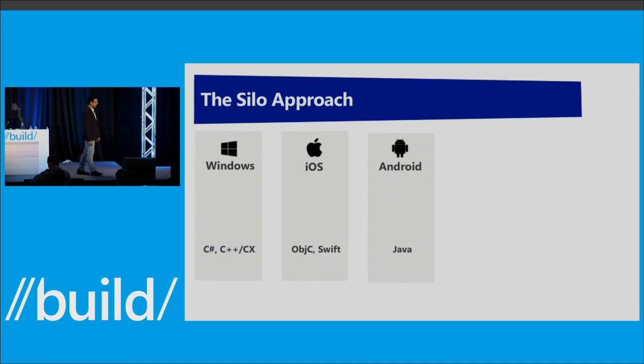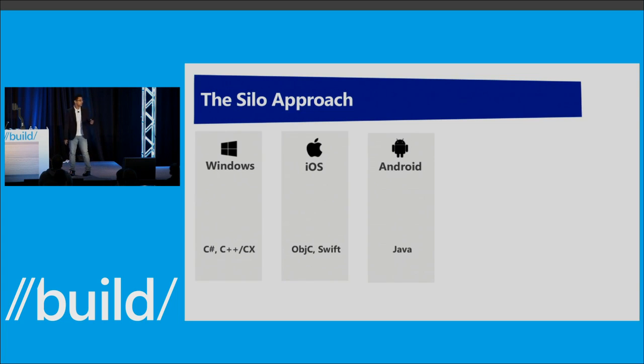If you want to design your mobile application, there are multiple ways you can go about this. The first approach is the silo approach, where you build the application on each platform in the popular language of that platform. That would be C# on Windows, Objective-C and now Swift on iOS, Java on Android, and so on.